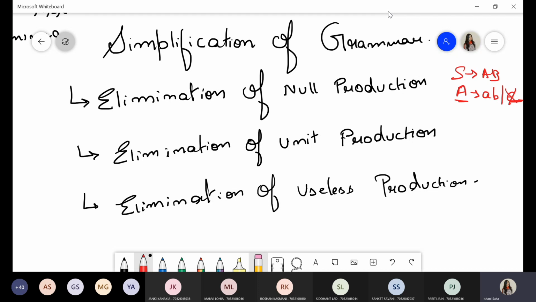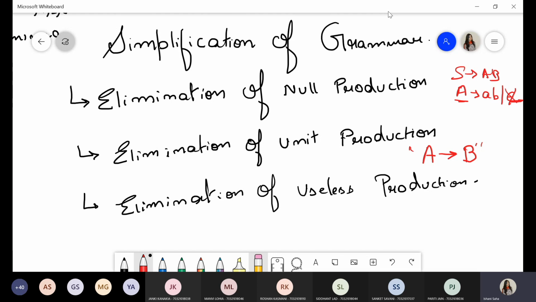Unit production. A unit production is when one non-terminal is generating another single non-terminal. That means one non-terminal generating one non-terminal. This type of production is referred to as a unit production. Again, we are not going to directly remove it. We have to follow a process to remove it so that our result remains the same with and without removing it.